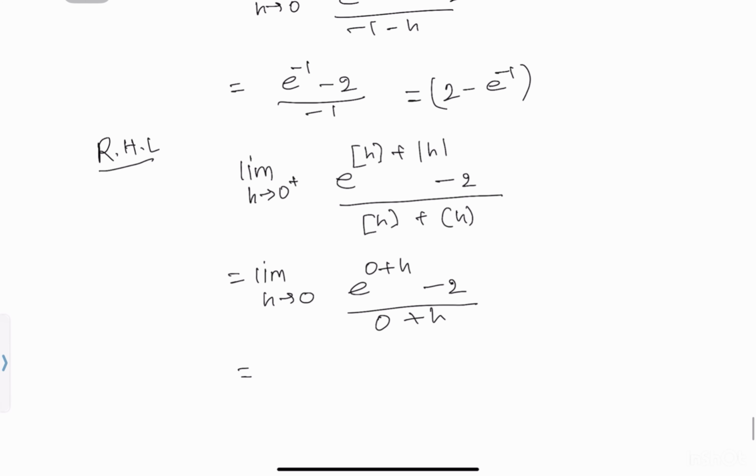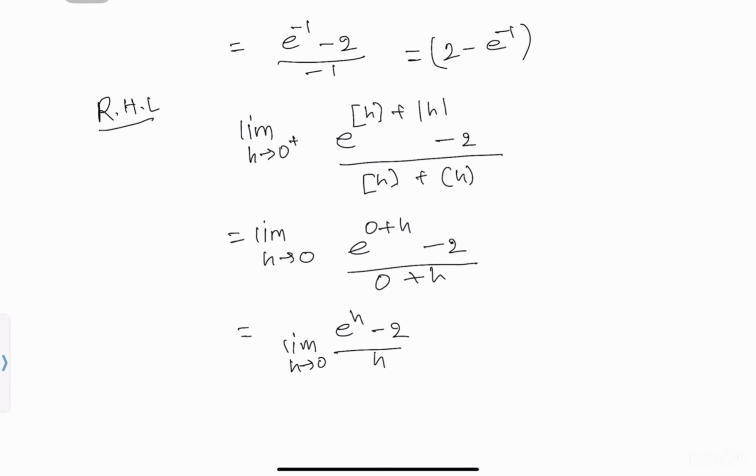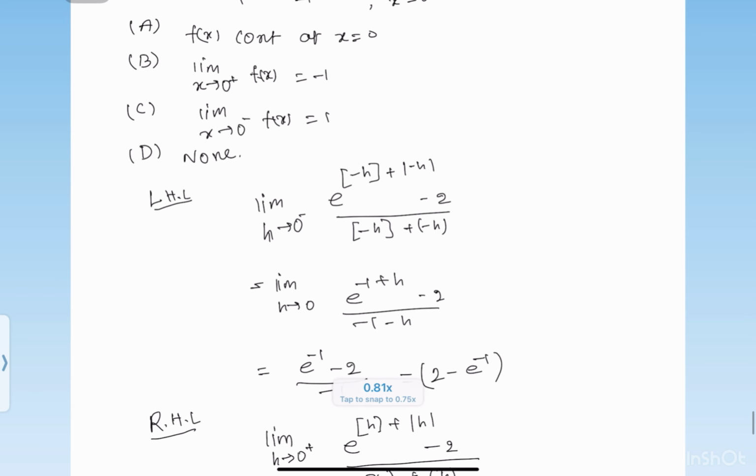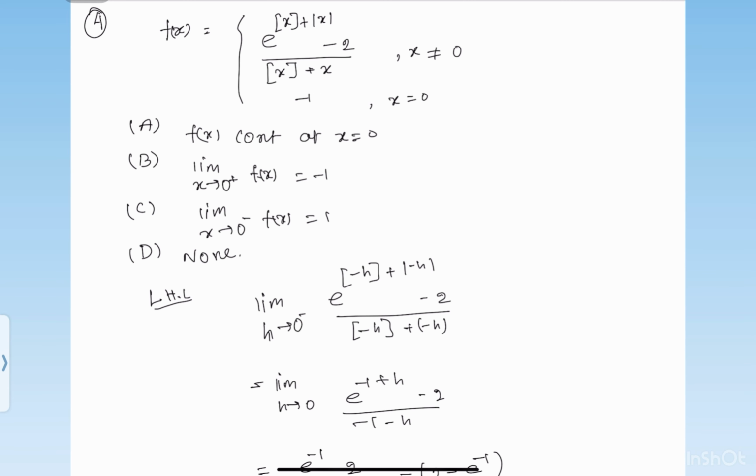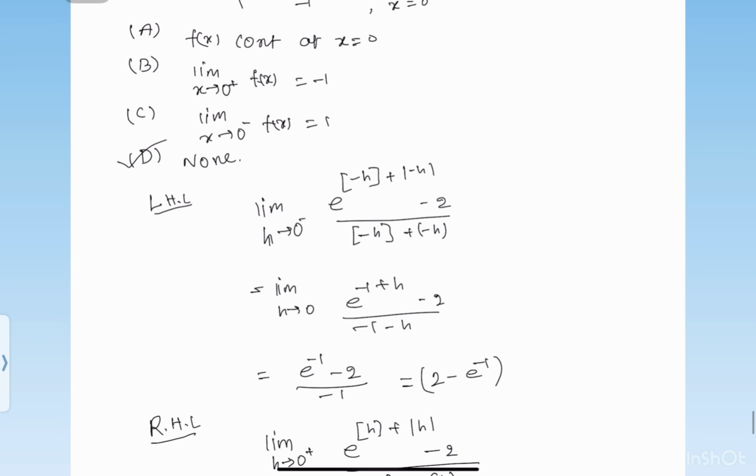So from here, e to the power h minus 2 by h, limit h tending to 0, sorry, this limit does not exist, tending to minus infinity. So right hand limit and left hand limit are both different, so this is not continuous at all. So none of these above should be your answer.